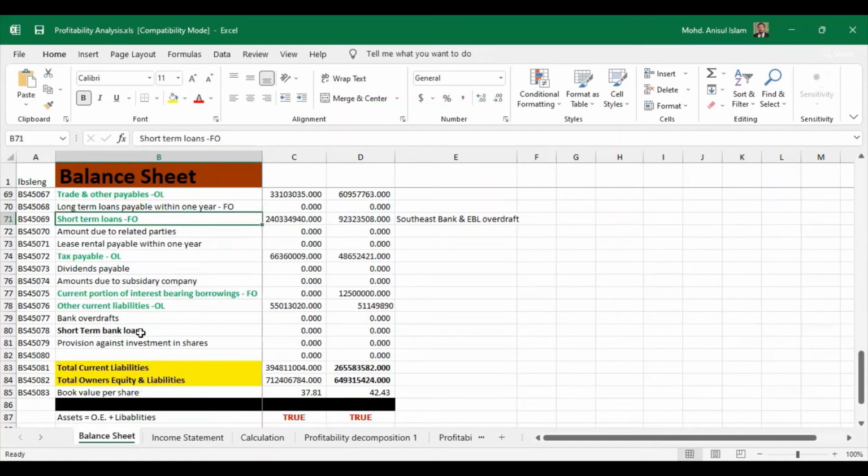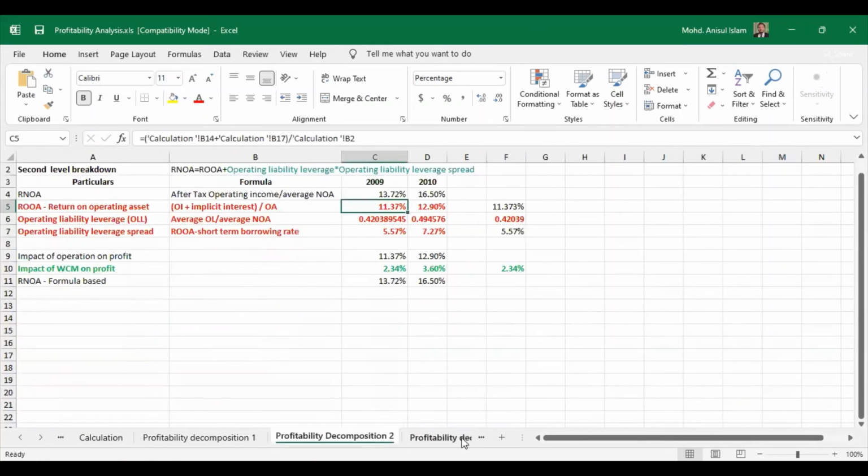So for individual operating liabilities, say tax payable, or trade and other payables, we do not have any explicit cost. We assume that they have some implicit cost. You know the argument we discussed in the level 1 breakdown, the issue of implicit cost.